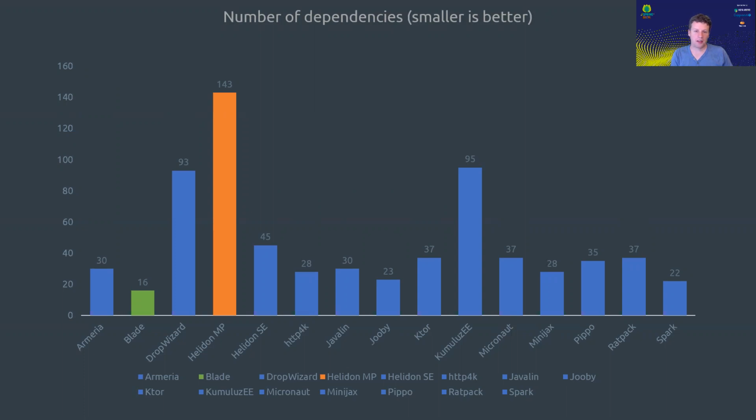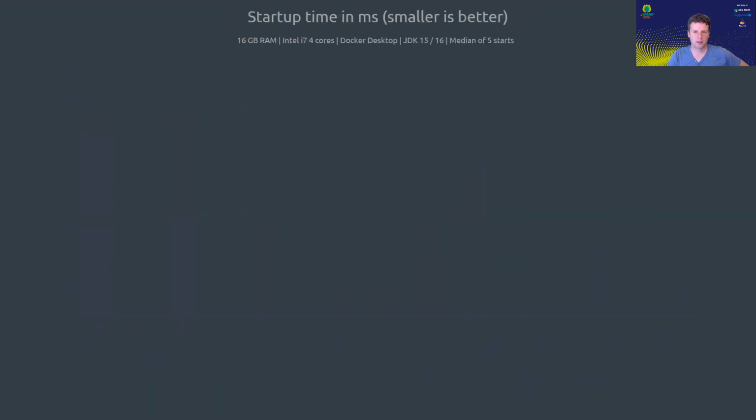And Blade at the other end is at 16, which is almost a factor 8 or 9 difference. And the rest is mostly a little bit in between. Only Quarkus and Thorntail versions are also near 100. But there's a really big difference here between the frameworks. And what is also interesting to note, I don't have it on the slide here, but as said, I did this talk before the pandemic, and I updated the numbers with the latest versions, and it dropped for all of them. So that's kind of good.